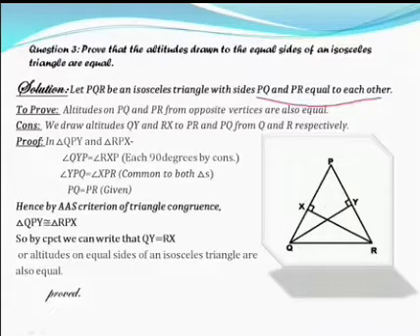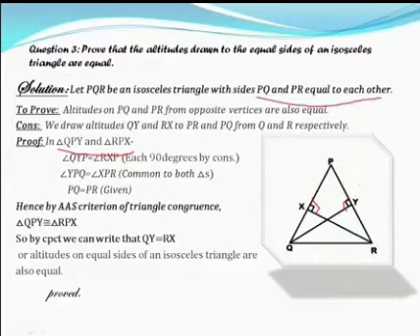So, for the proof, I am going to take the two triangles QPY and RPX. In these two, angle QYP, this angle, is equal to angle RXP, this angle, as by construction, I have taken both these as the 90-degree angles.